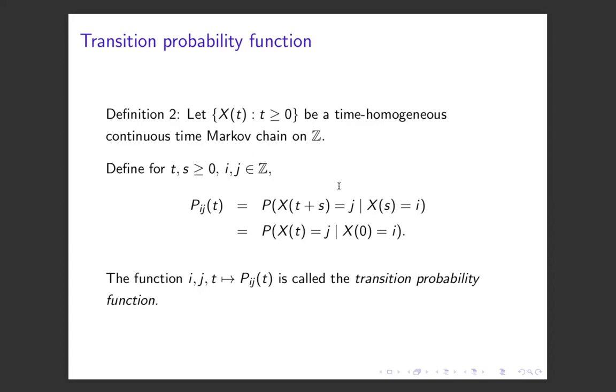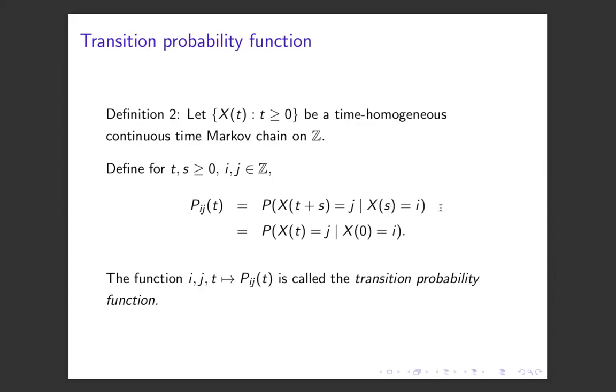Since the Markov chain is assumed to be time homogeneous, this probability is the same thing as the probability X_t is in j, given that X_0 was at i. Because of time homogeneity, this depends only on the time difference between the two time points, and the time difference here is t.